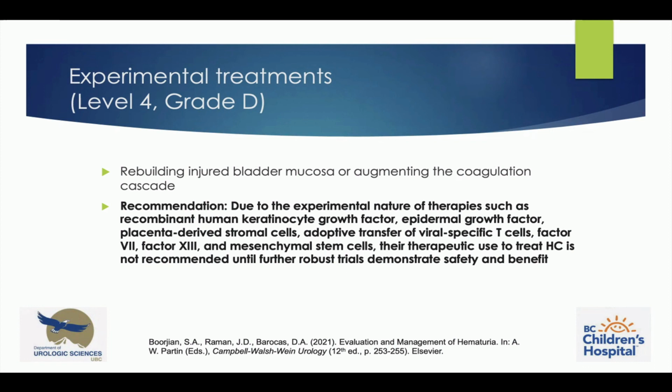So I won't get into details for lack of time, but examples are recombinant human keratinocyte growth factor, epidermal growth factor, placenta-derived stromal cells, adoptive transfer of viral-specific T cells, factor 7, factor 13, and mesenchymal stem cells. And the recommendation is that their therapeutic use to treat hemorrhagic cystitis is not recommended until further robust trials demonstrate their safety and benefit.